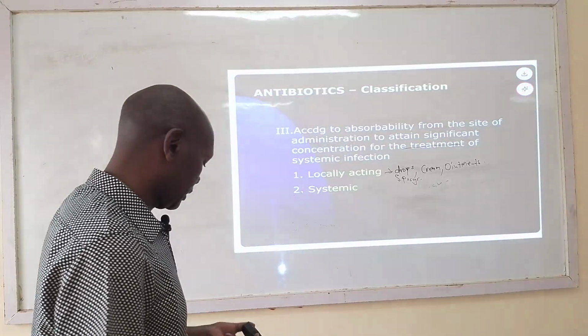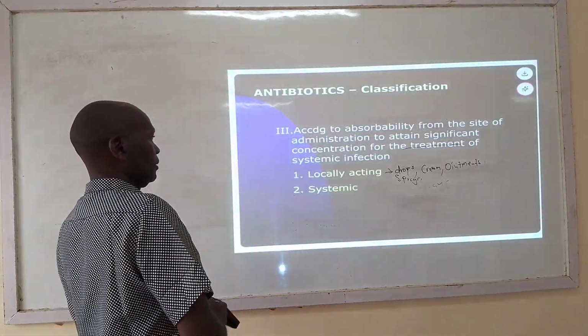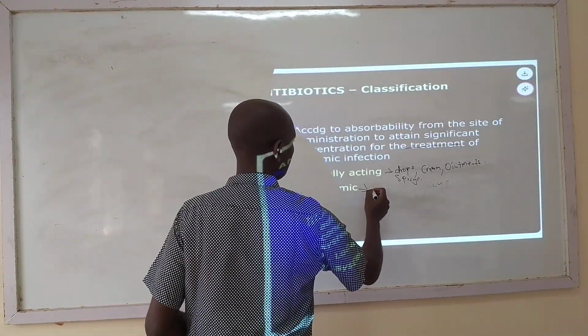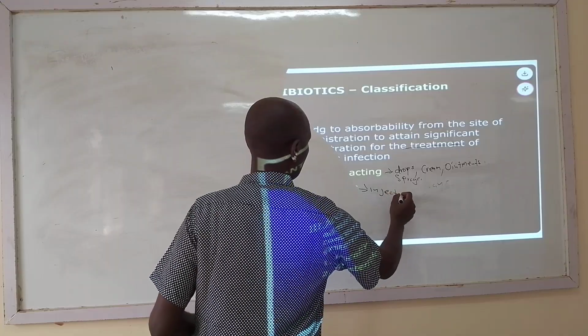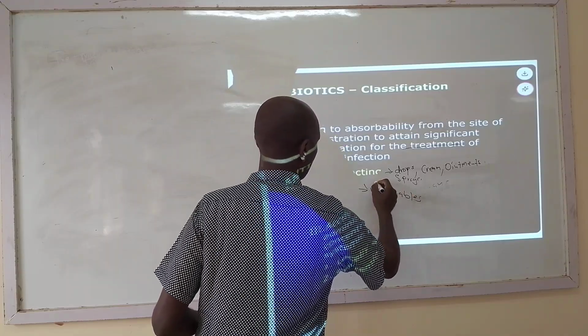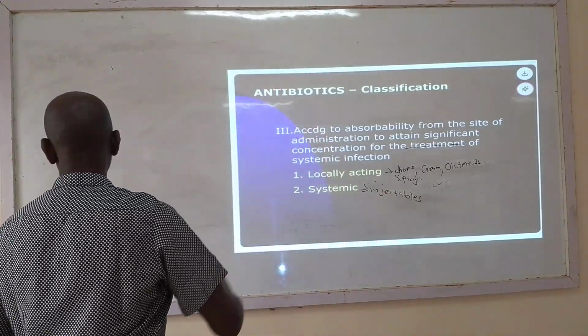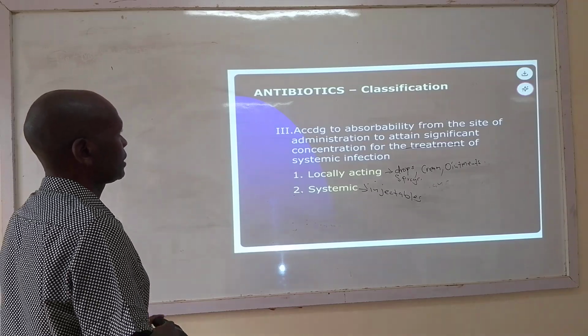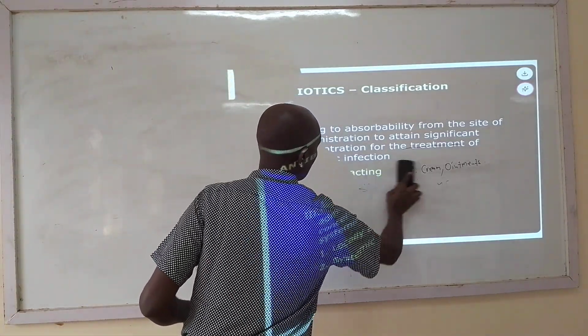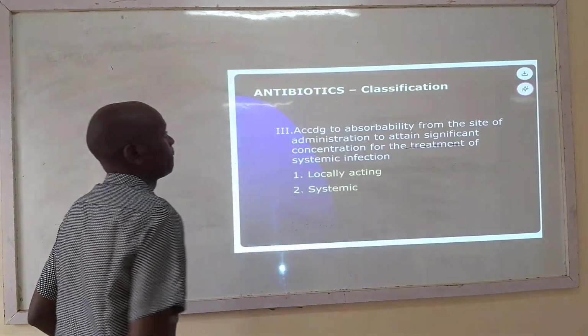Examples of those that are given systemically are mostly injectables. So that is when we classify antibiotics based on absorbability.